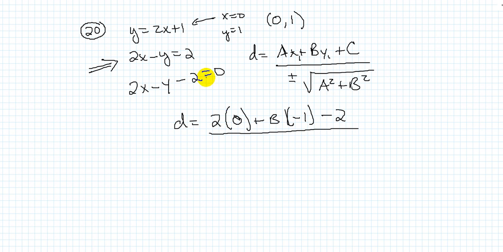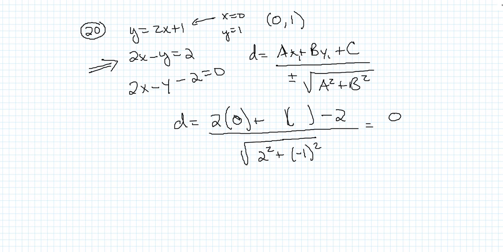And then since c is negative, we'd make that positive. And a, which is 2, so 2 squared plus negative 1 squared. Alright, double check, I got the right a and b. Good. 2 times 0 is 0. I wrote b here. Ooh, man, I almost did it again.